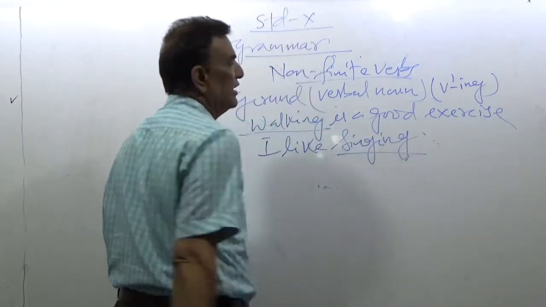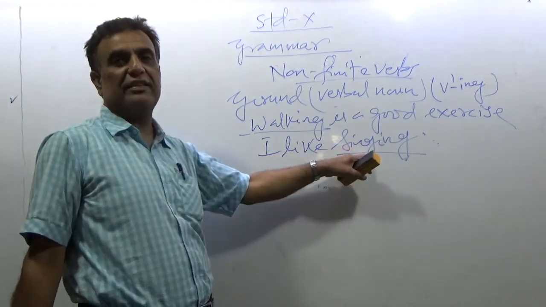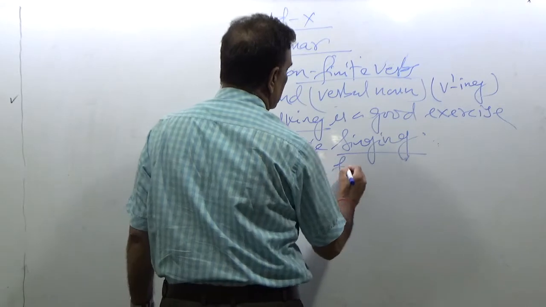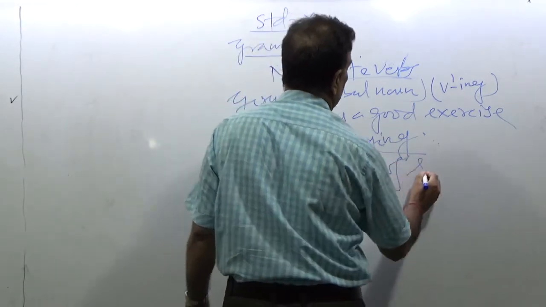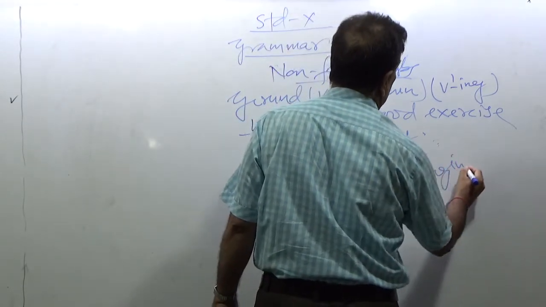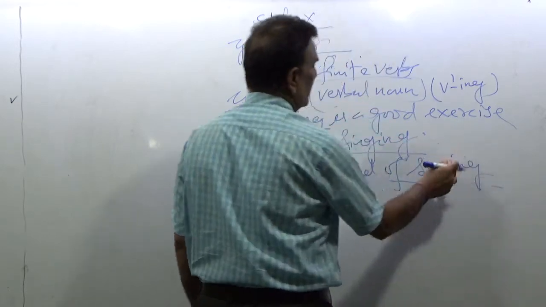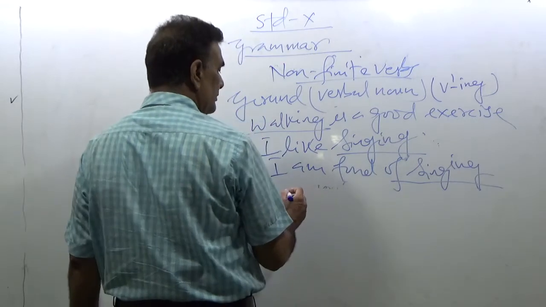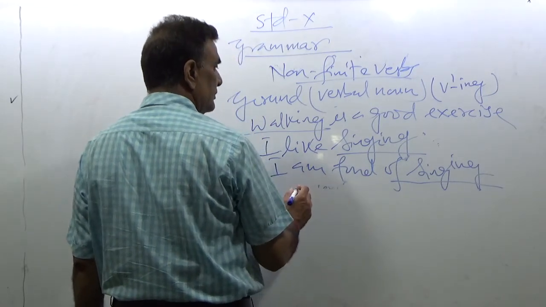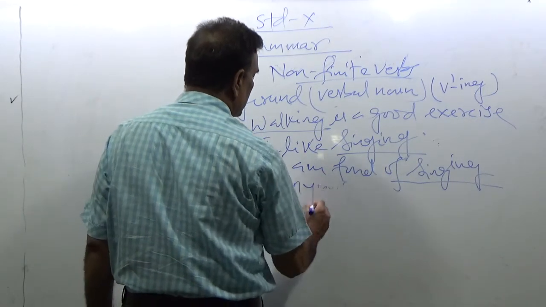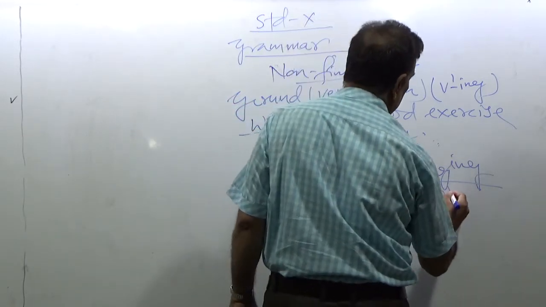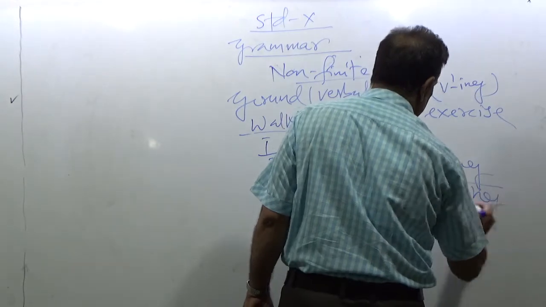I like singing. Here this is a gerund. Function as noun. I am fond of singing. Here also a gerund. My hobby is singing.